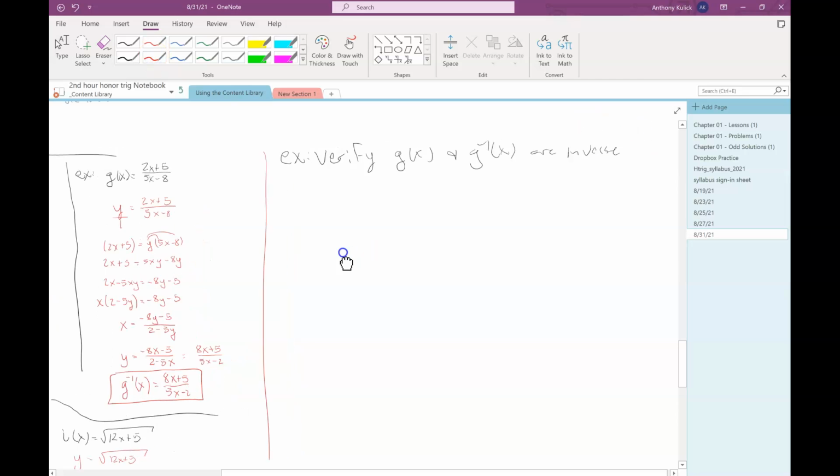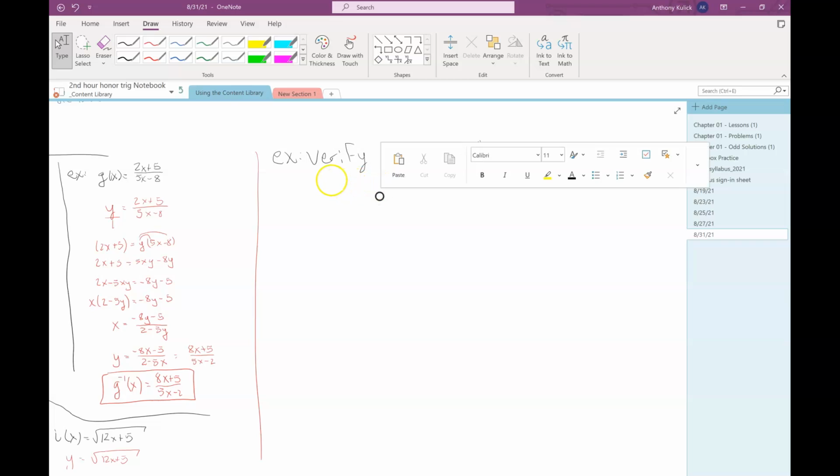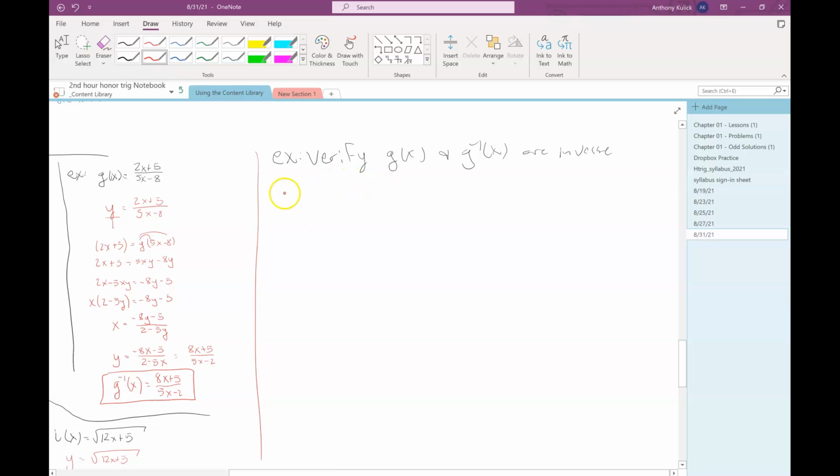So if I want to verify these two things are inverses, I need to do two things.